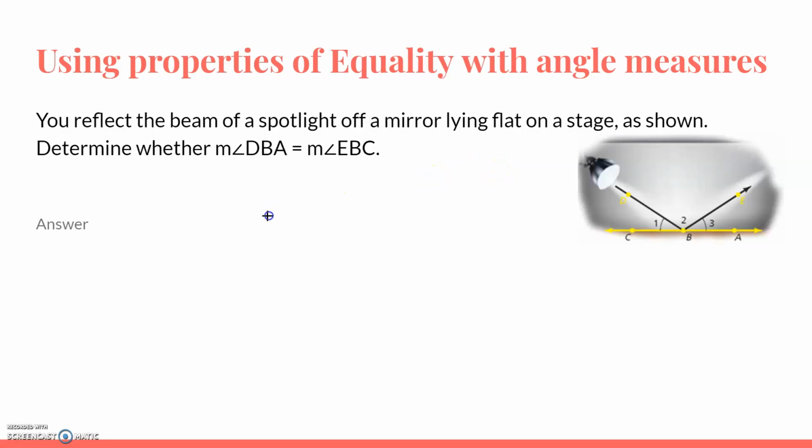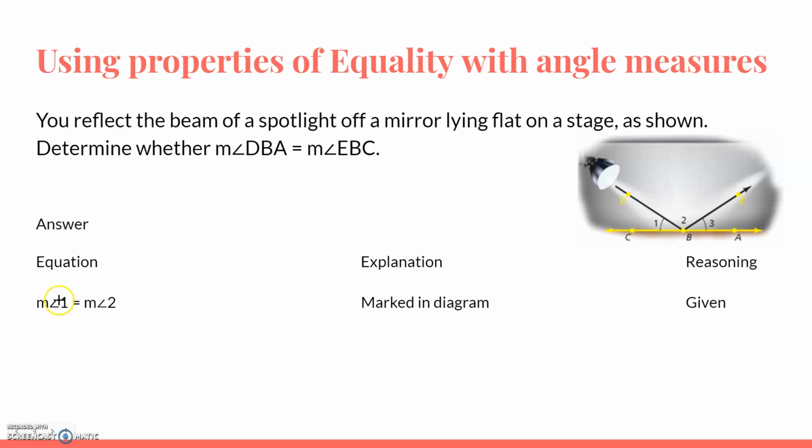Alright, so now we're going to want to do the same thing that we've been doing. We'll split it into 3 columns: the equation, explanation, and reasoning. So first off, let's just say angle 1 = angle 2. It's marked in the diagram, that's given. So we know angle 1 = angle 3, and that's given in the diagram.